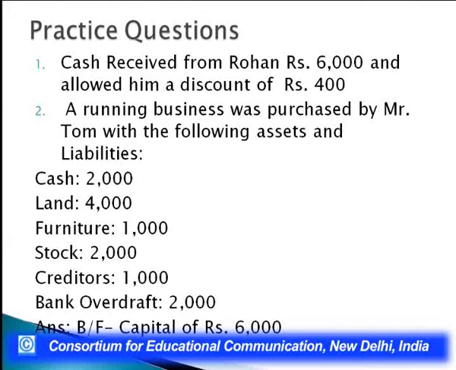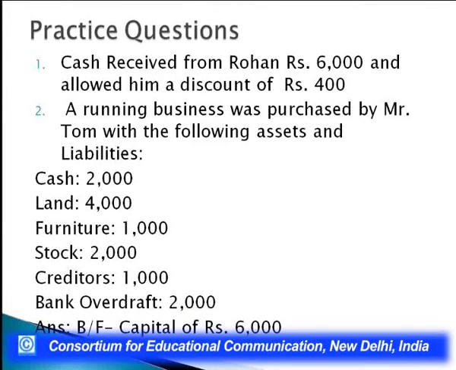But for how much? He was supposed to give you 6,400. So Rohan will not be credited for 6,000. Rather, he would be credited for 6,400, because the actual liability due from him, the actual amount, he was basically our debtor. So the actual amount of asset to be received was 6,400, so Rohan would be credited 6,400.